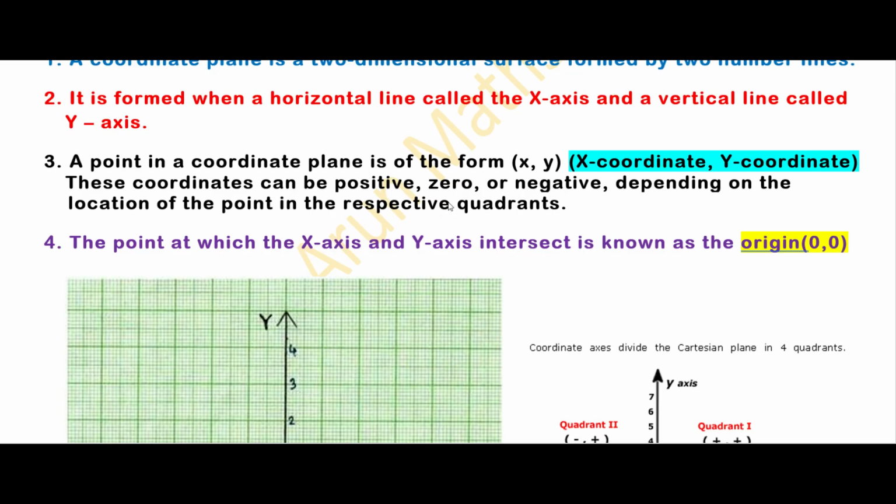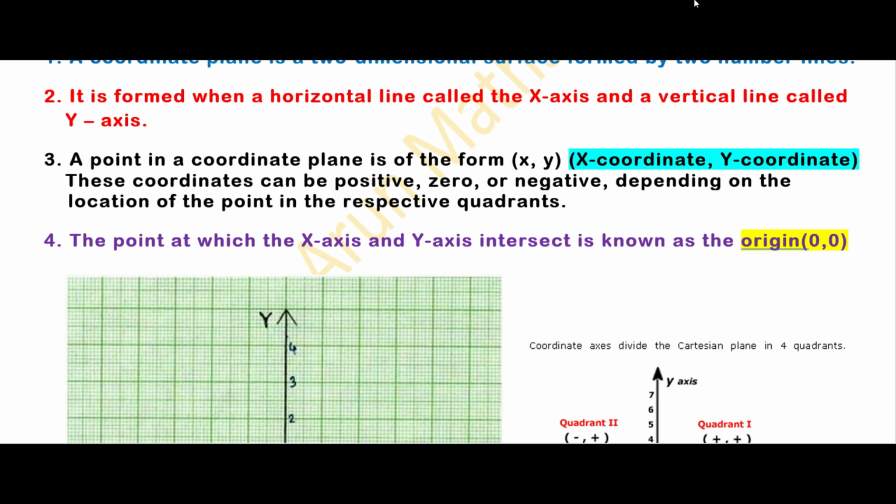The horizontal line is called the x-axis and the vertical line is called the y-axis. Students, very important concept: the horizontal line is called the x-axis and the vertical line is called the y-axis.